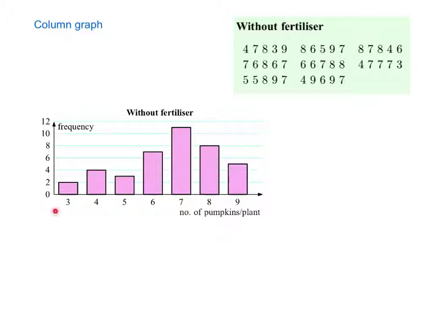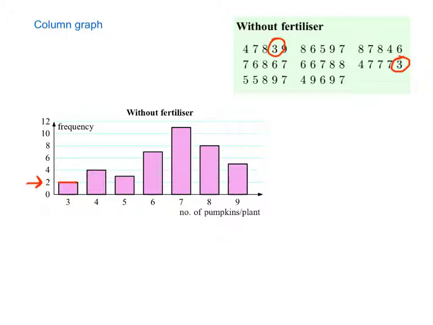We can see that this data lines up closely or exactly to our tally frequency table. We know that 3 pumpkins per plant occurs twice from the data, right? The number 3 occurs twice. And so for that value, we see that the column corresponds to the number 2 on the frequency axis of the chart.